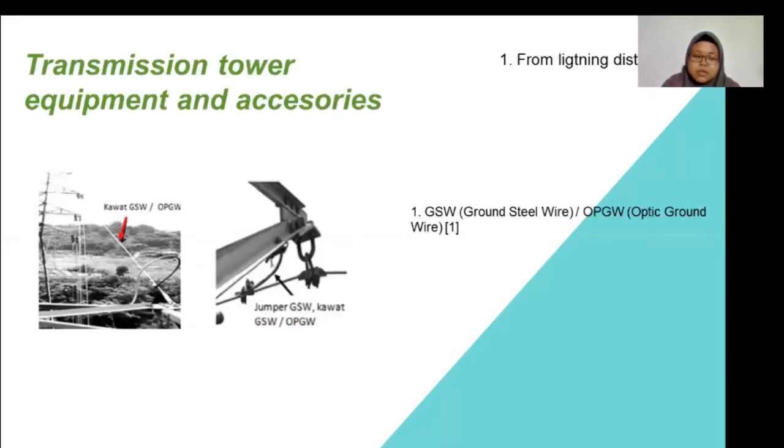We will talk about transmission tower equipment for protection from lightning. For protection equipment from lightning disturbance, the first is ground steel wire, or GSW, or optic ground wire, or we can call it OPGW.